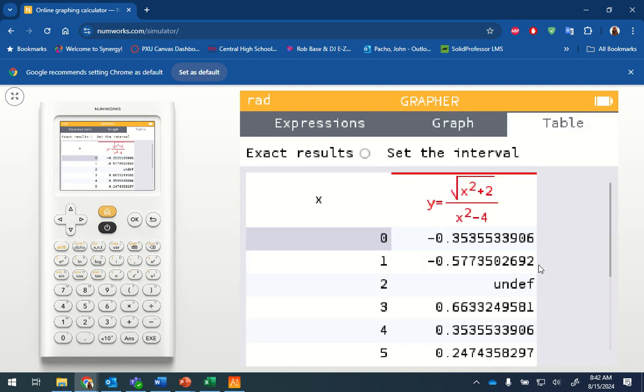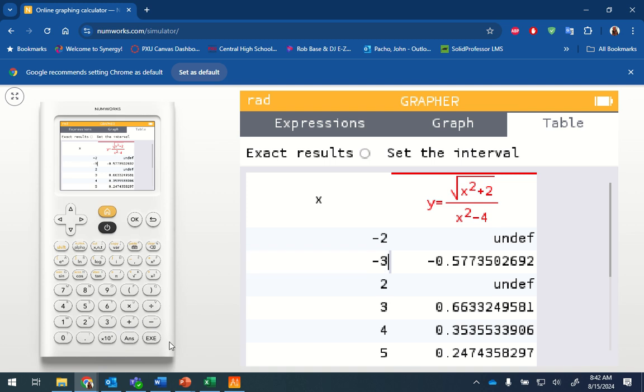So as we're looking at this, looking at my table, let's go into negatives. So negative 2. Okay, negative 2 is undefined.